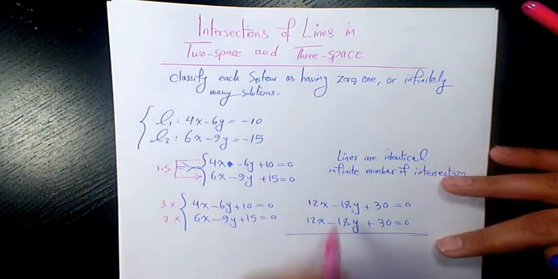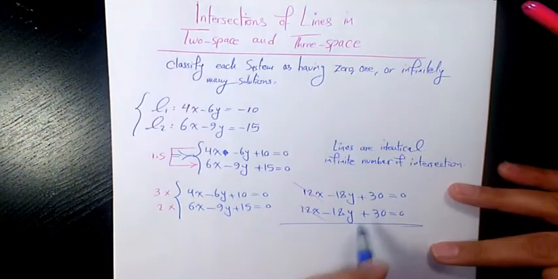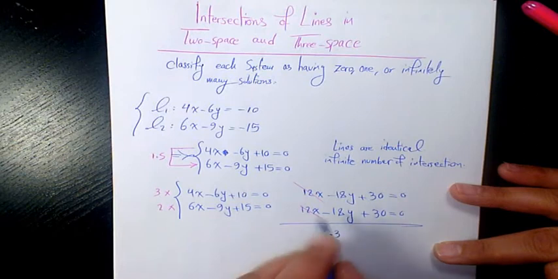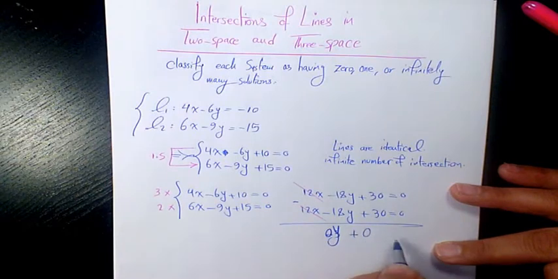If I subtract them, these cancel out, and we have 0y plus 0 equals 0.